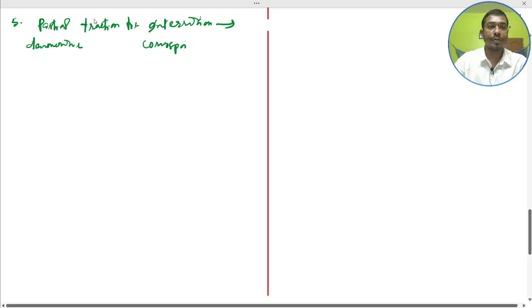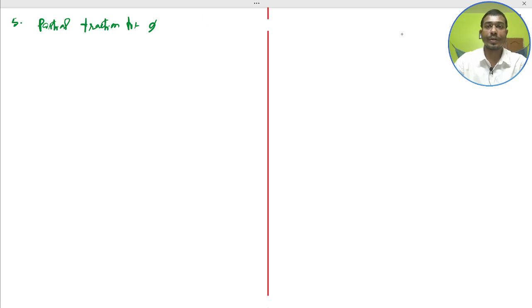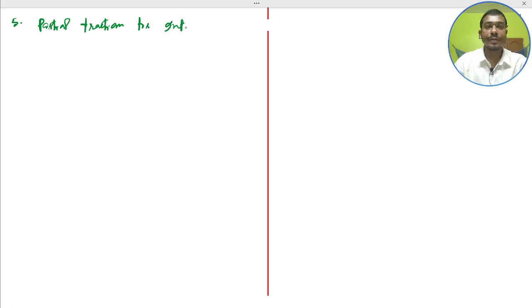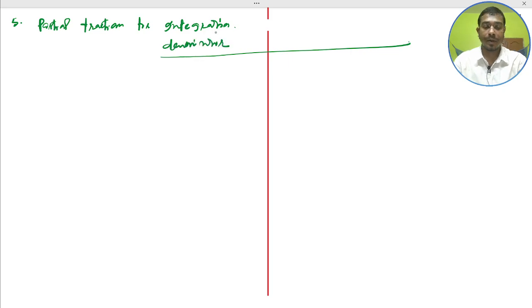This is very useful and beneficial to you. Partial fraction for integration. So here the denominator, and here the corresponding partial fraction.